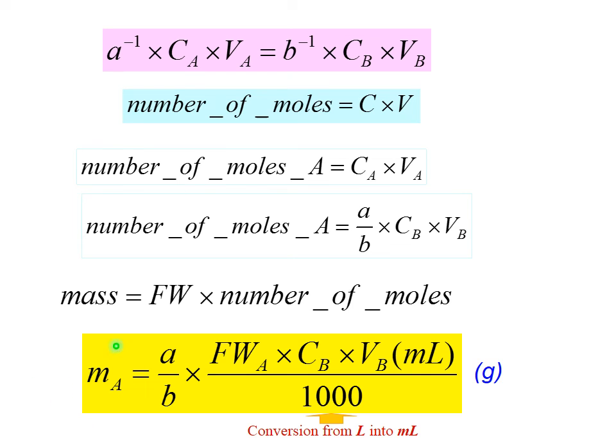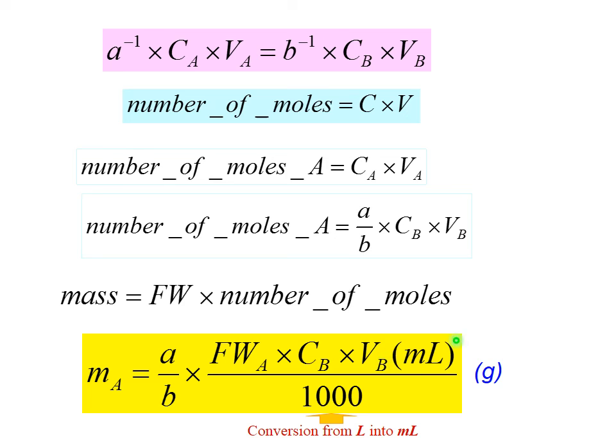So the mass of my analyte is coefficient of analyte over coefficient of titrant, times the formula weight of my analyte, times the concentration of my solution in a burette, times the volume that was necessary for titration.